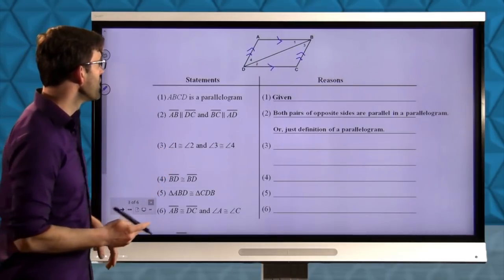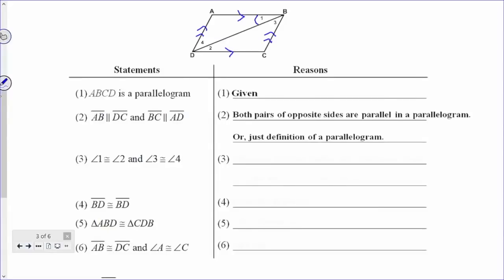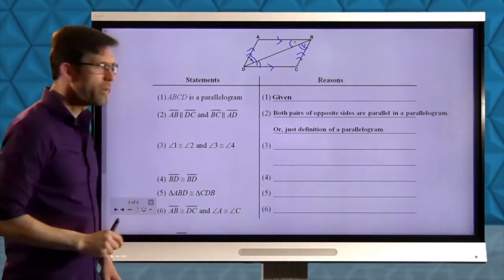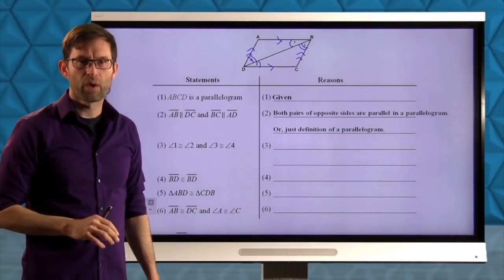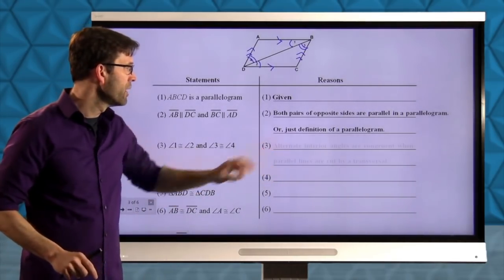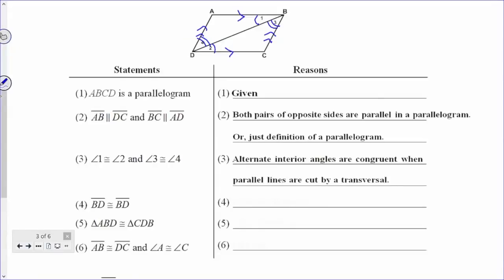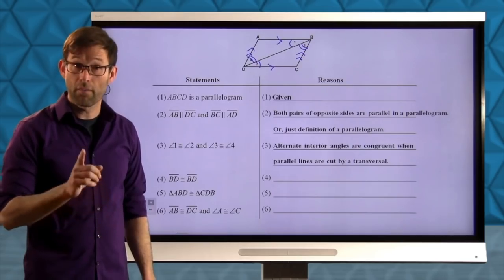Okay, but now we get into a little bit more complicated business. I now have the statement that angle 1 is congruent to angle 2, and angle 3 is congruent to angle 4. Now, what reason do we put down there? Well, it gets a little wordy, and it goes something like this. Alternate interior angles are congruent when parallel lines are cut by a transversal. You remember that?